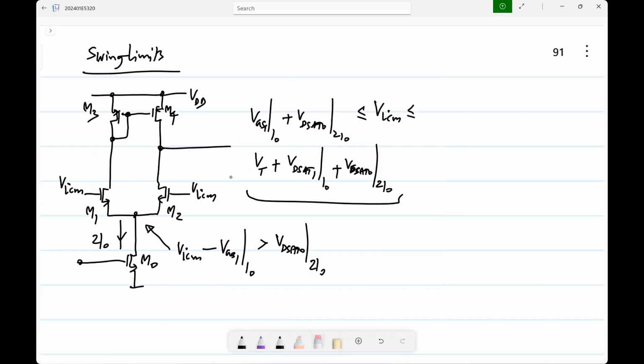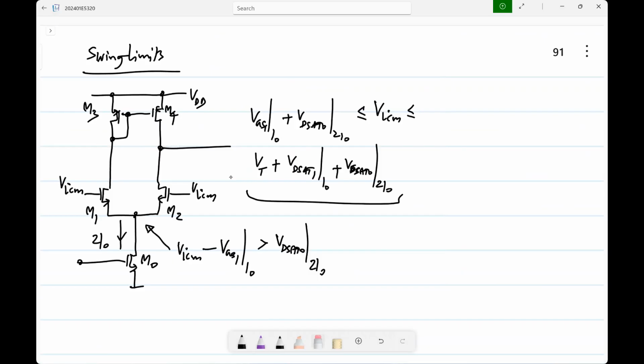Nothing. So these voltages don't change at all. As you go on increasing the gate voltage, the drain voltage is fixed. For an NMOS, how far can you go? 1 VT above the drain.